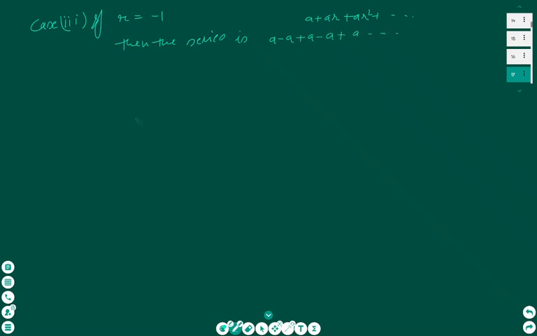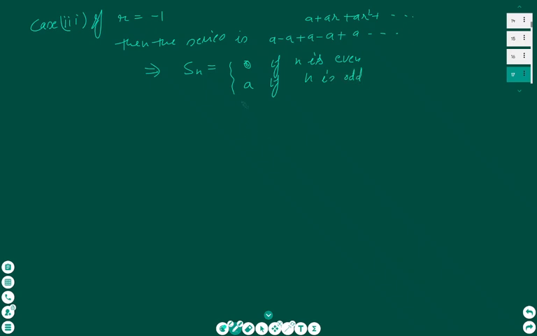This will be the series if r is equal to minus 1, and this implies the sum of first n terms would be equal to 0 if n is even, and the sum of first n terms would be a if n is odd.